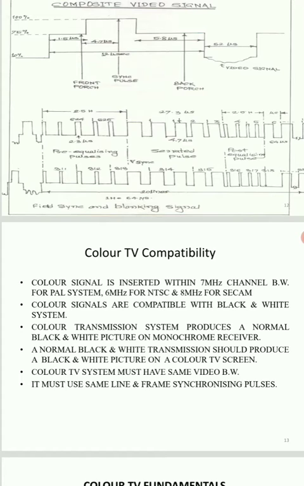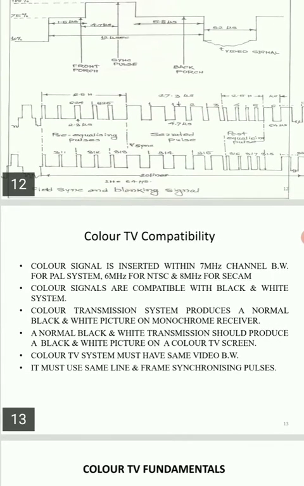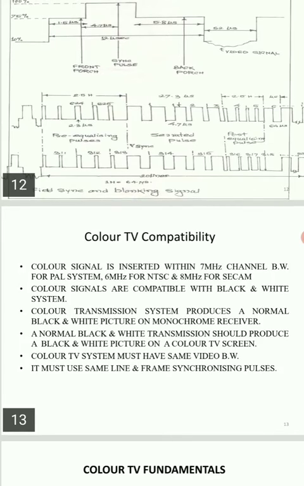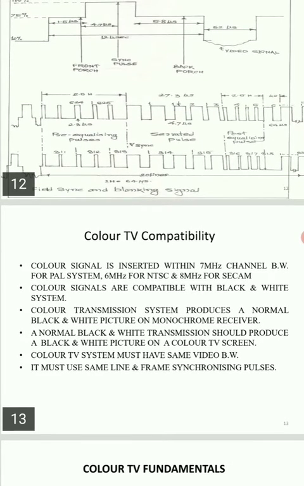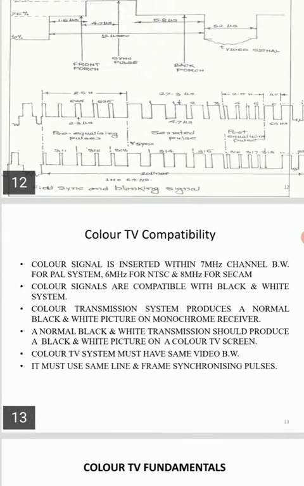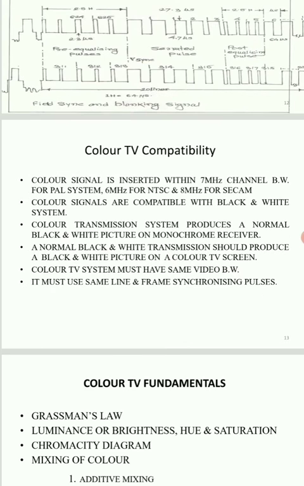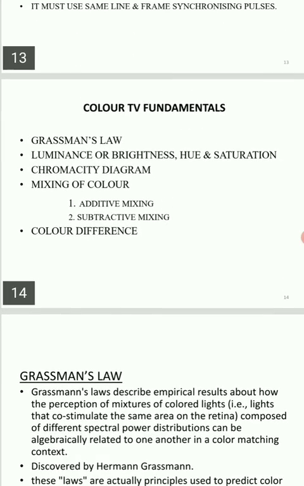So color signals are compatible with the black and white system. A color transmission system produces a normal black and white picture on a monochrome receiver, and a normal black and white transmission should produce a black and white picture on the color TV screen. The color TV system must have the same video bandwidth, and it must use the same line and frame synchronization pulses.